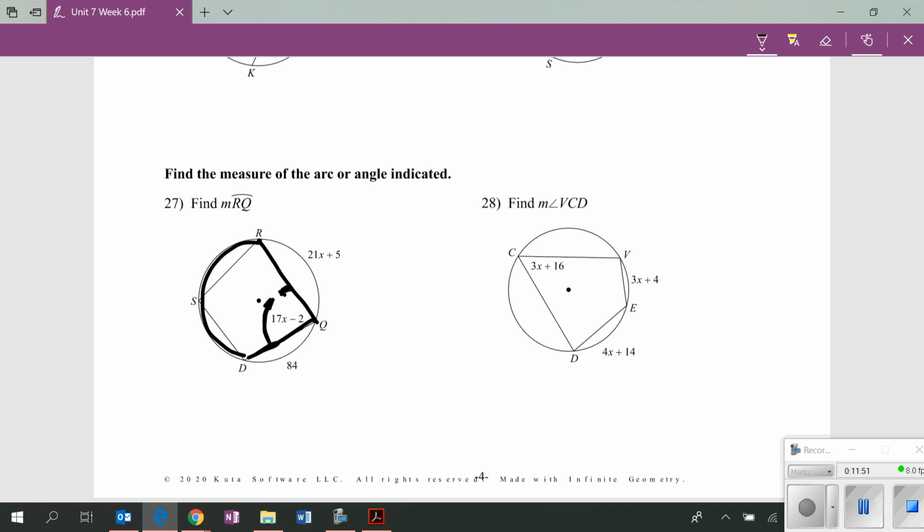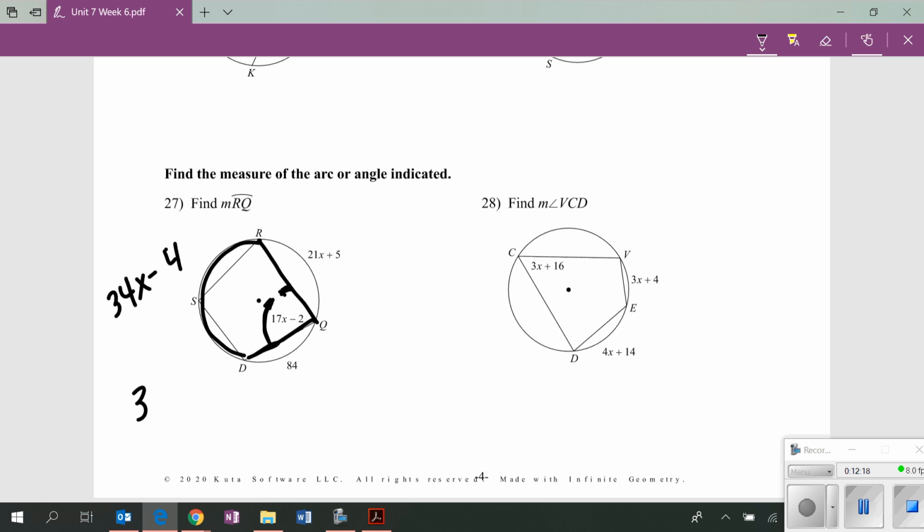And that means that my arc is going to be 2 times that of my angle. So I'm just going to take my 17x minus 2 and multiply it all by 2 to get 34x minus 4 as that arc there. Now I have everything I need to solve for my entire measure of my circle, which is 360.